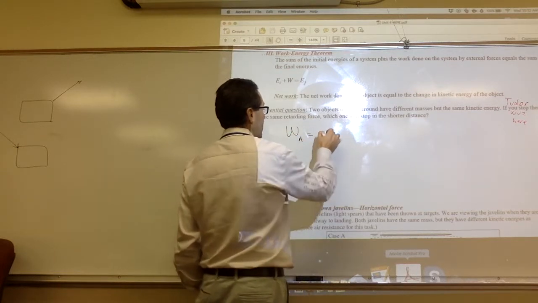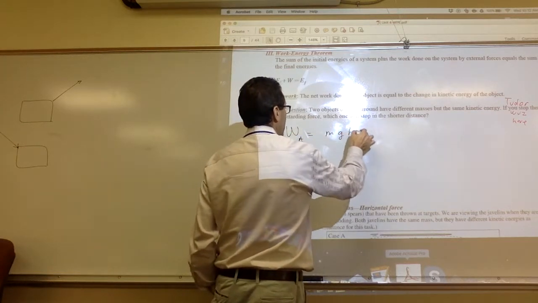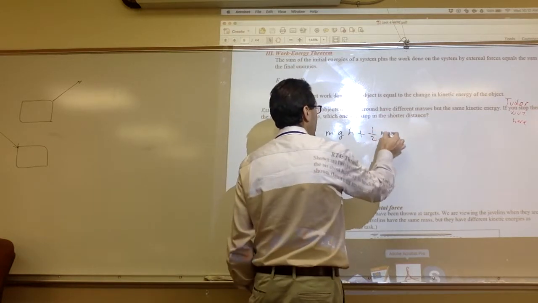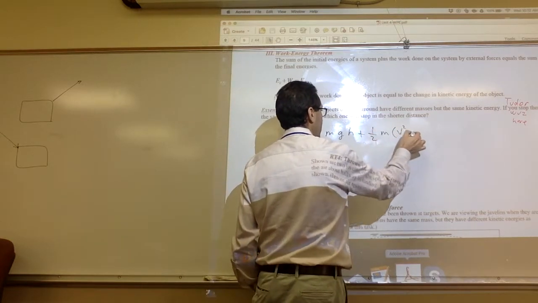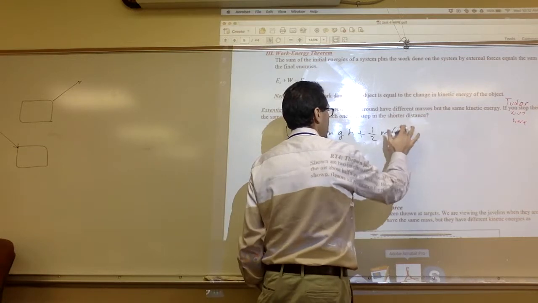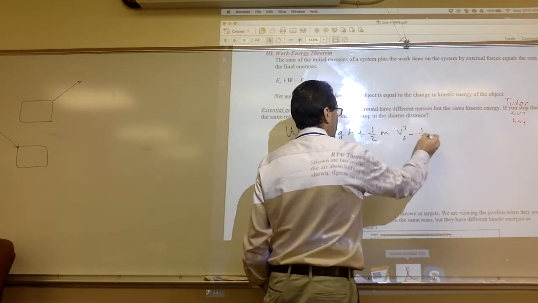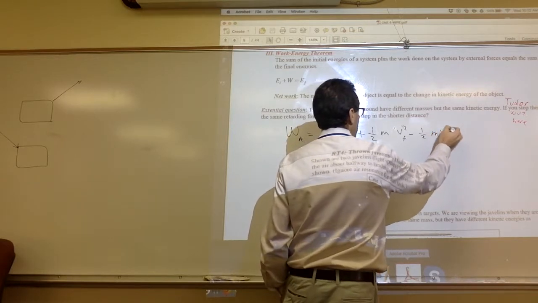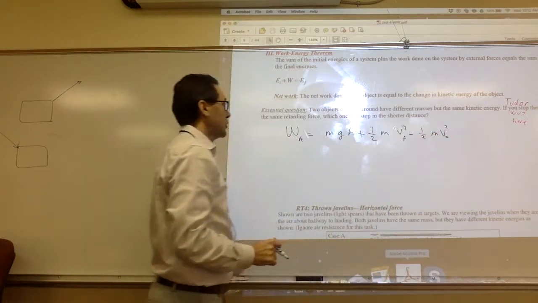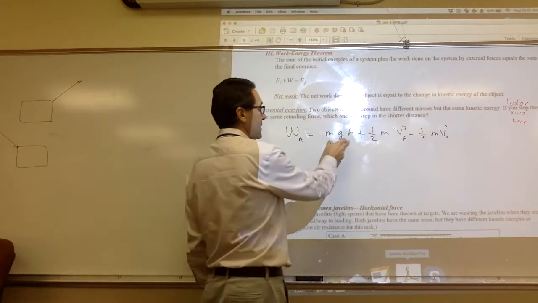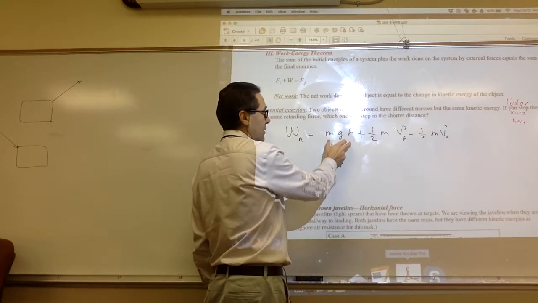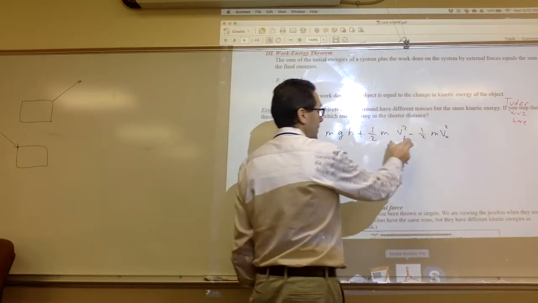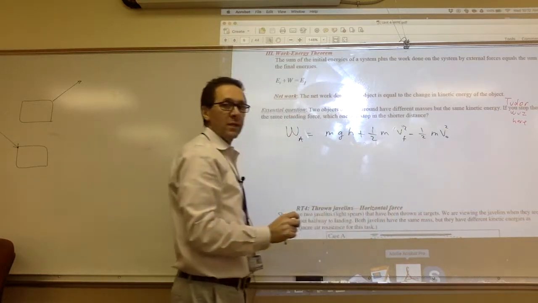was really mgh plus 1/2 mv final square minus 1/2 mv initial square. So you can see that this is a change in your gravitational potential energy, and this is a change in your kinetic energy.